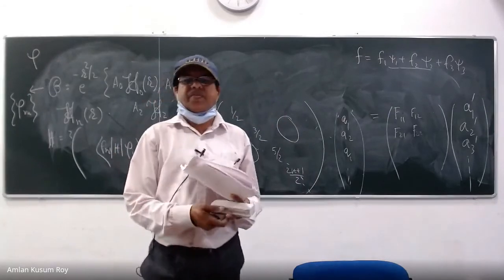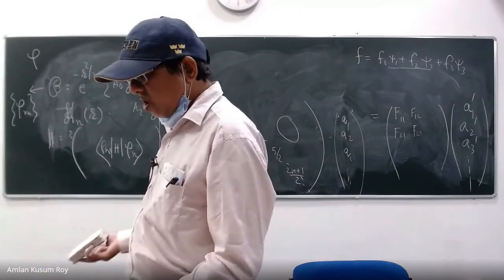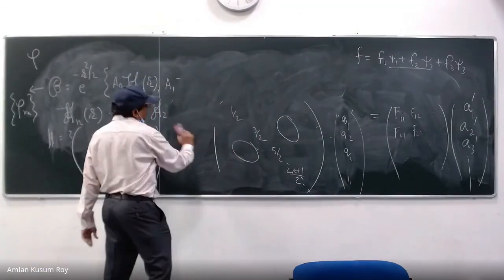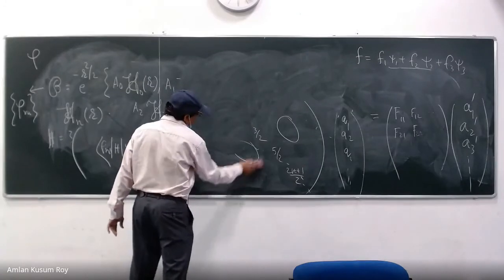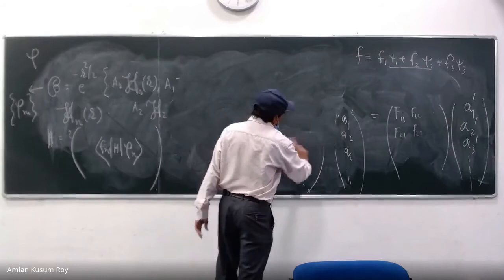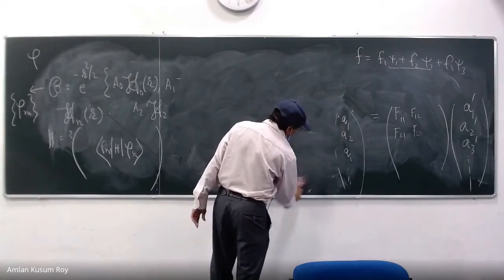Okay, I think we'll stop here. In the next class, we'll take one little example of the angular momentum operators. For the Hamiltonian we have written quite a few matrices, right, in several bases.